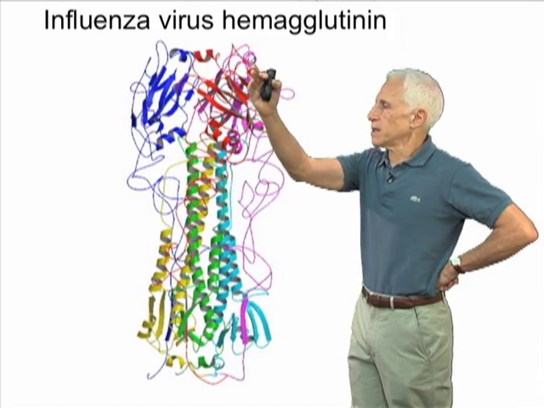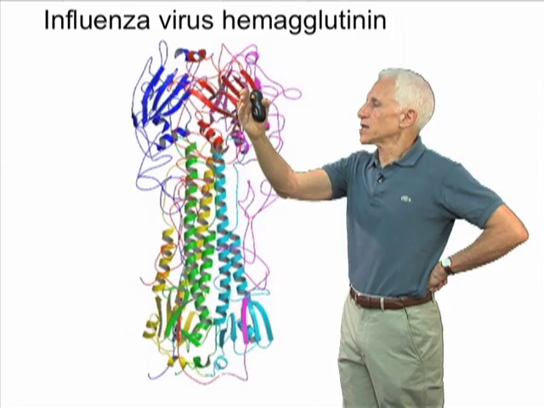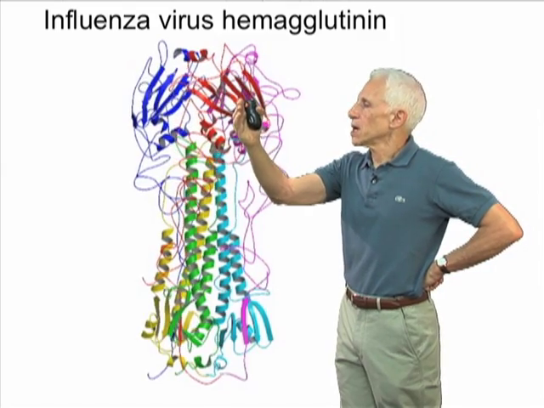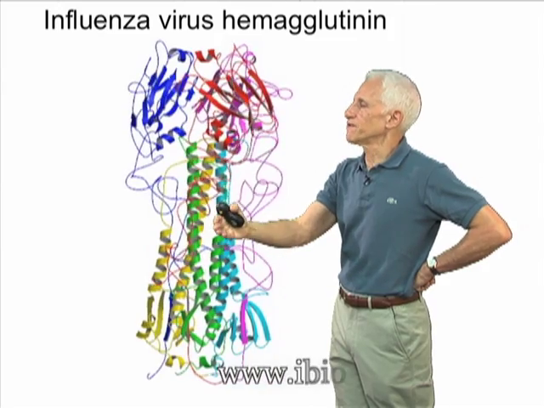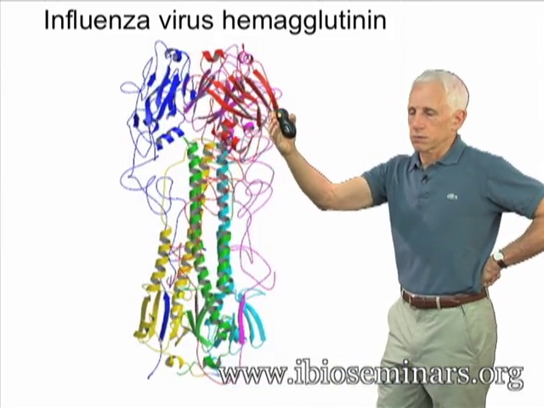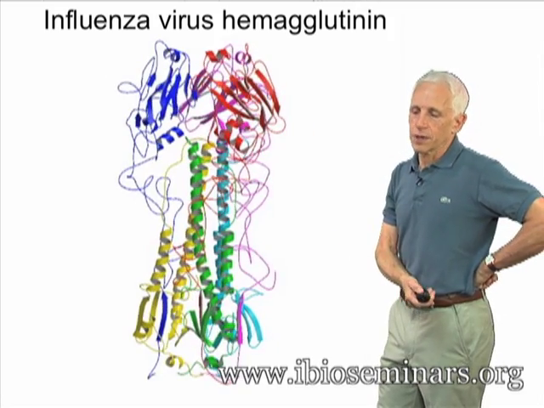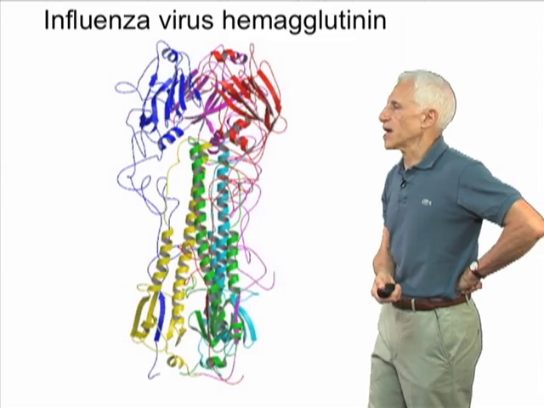As you see, most of the HA1 part, which would be, let us say, red, and the HA2 part would be green of one of the subunits. Most of the HA1 part folds into a globular domain at the top of the molecule. It contains the site for binding sialic acid.